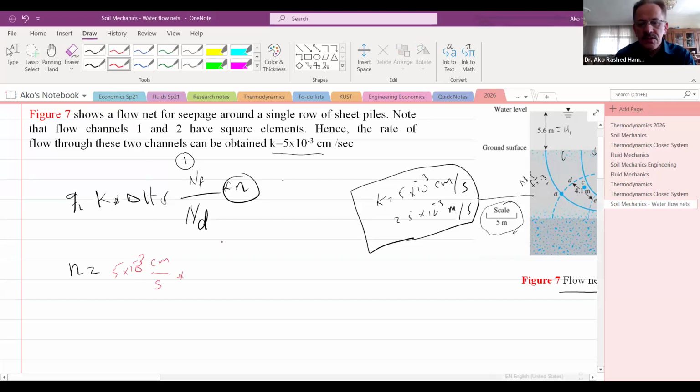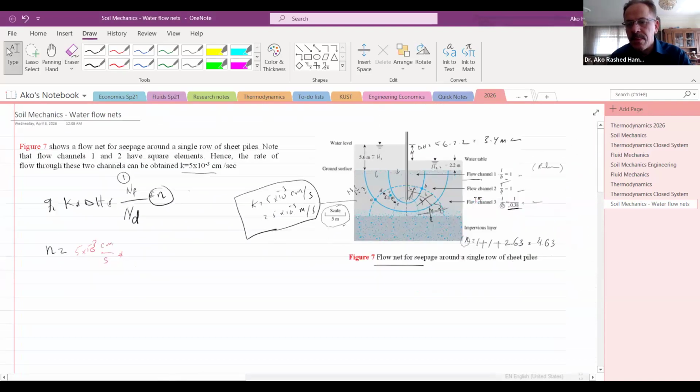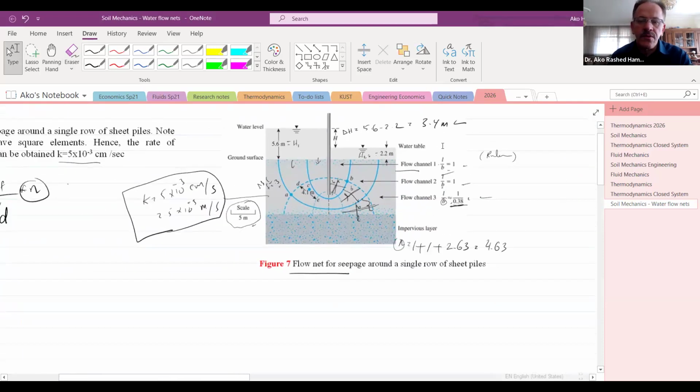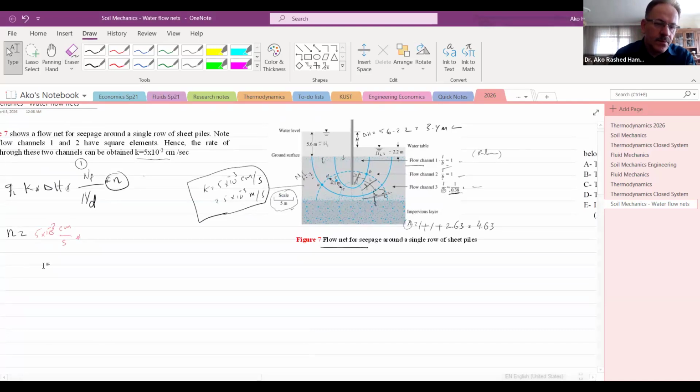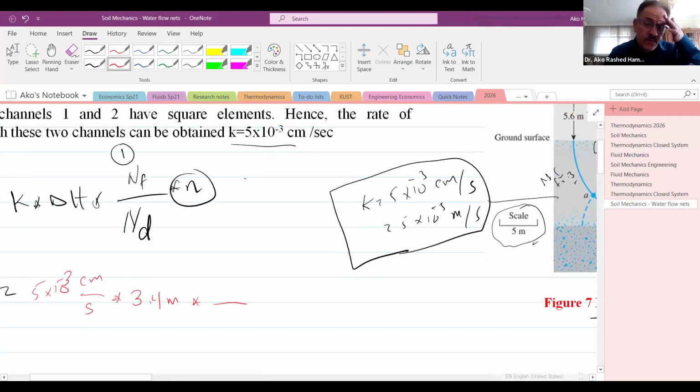Delta H is equal to 3.4 times, now the NF, we will put 1, and then this n will give you the number of channels.